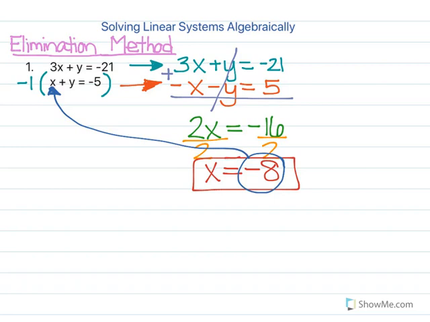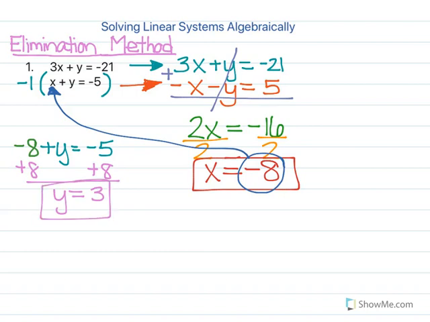So when I replace x with negative 8, I will have negative 8 plus y equals negative 5. Then I need to solve for y, so I'm going to add 8 to both sides, and I will end up with my y value of positive 3.